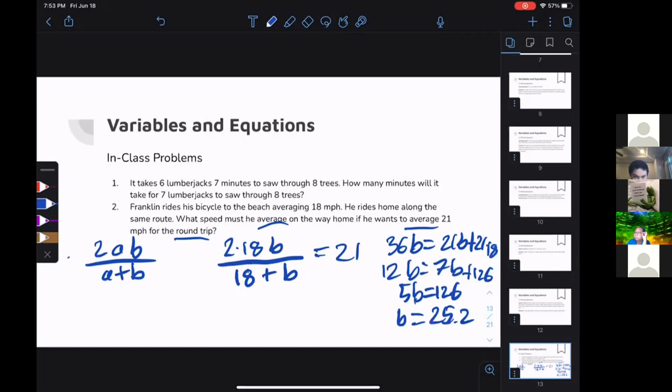So what speed must he average on the way back? The harmonic mean turns out to be in terms of the two different rates. If you start from this raw expression, the total distance on the top is 2d, and then d over a plus d over b are the two times, where a and b are the rates.